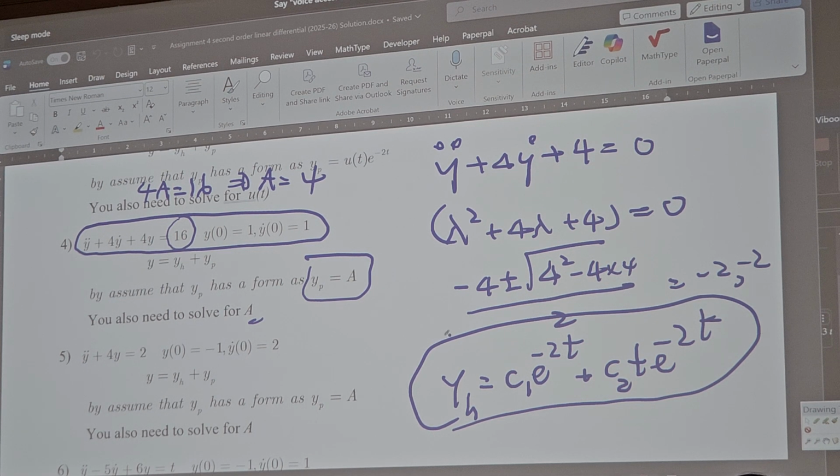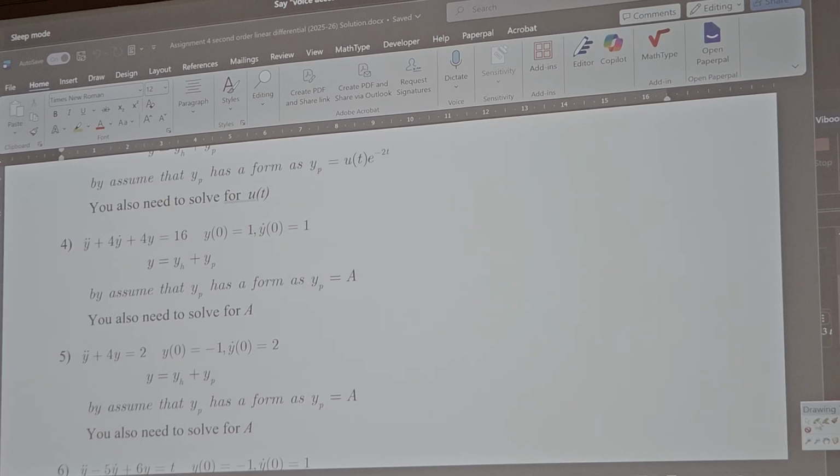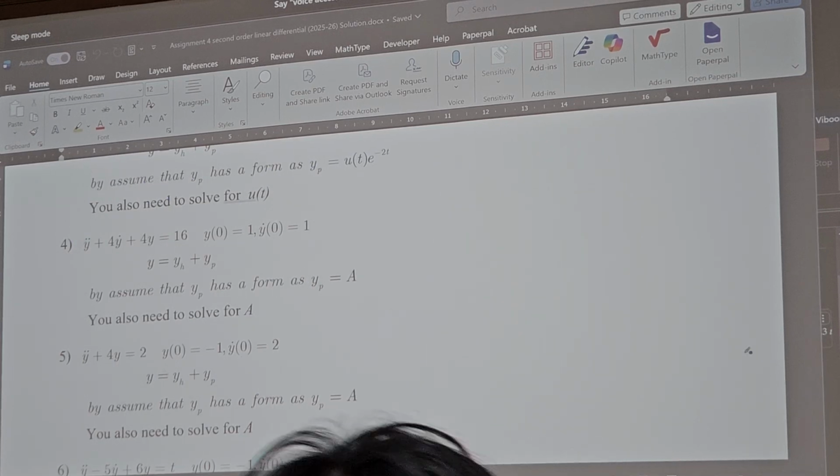So the solution will be plus 4 here: homogeneous plus particular.